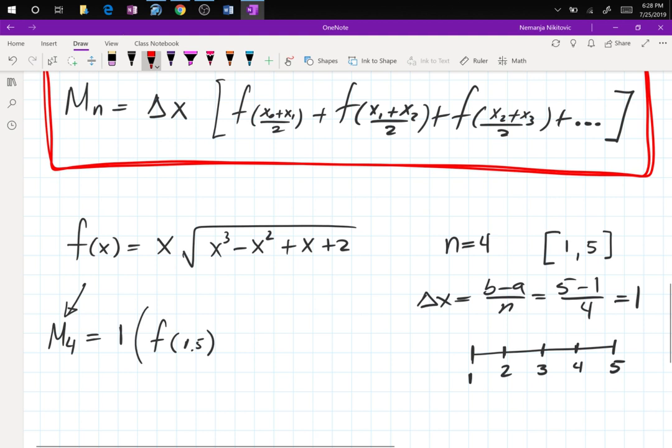Your midpoints are 1.5, 2.5, 3.5, 4.5, and you have your 4 rectangles. So I have function computed at 1.5 plus function computed at 2.5 plus function computed at 3.5, and finally function computed at 4.5.